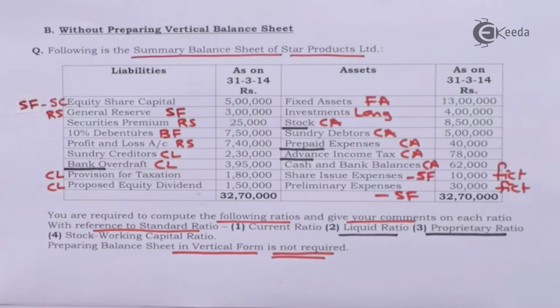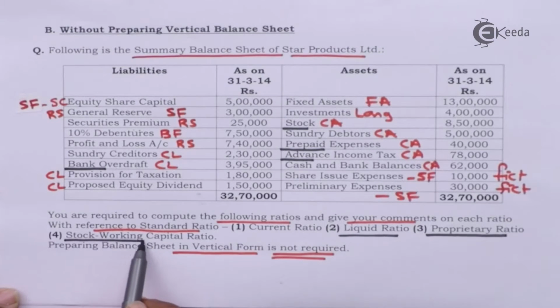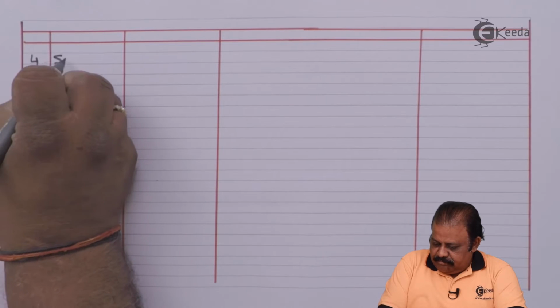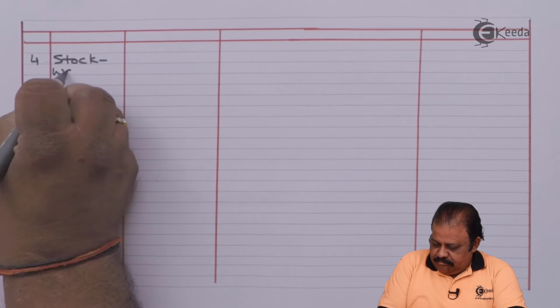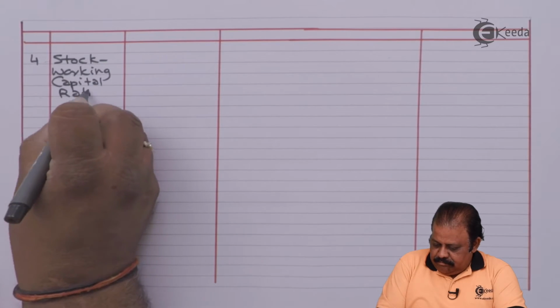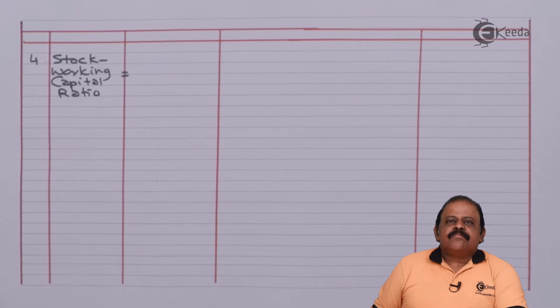Next we have stock working capital ratio. Formula for stock working capital ratio is closing stock divided by working capital multiplied by 100.